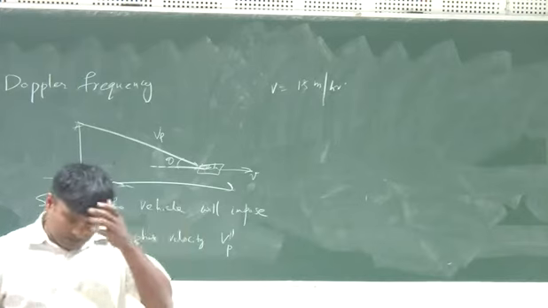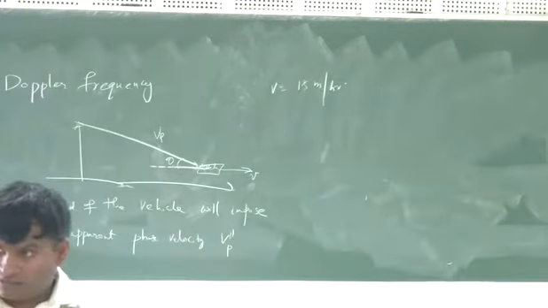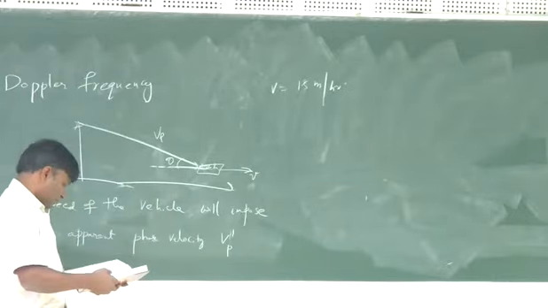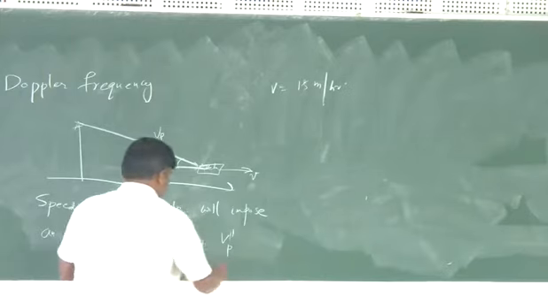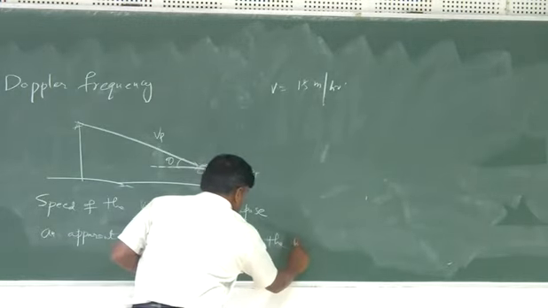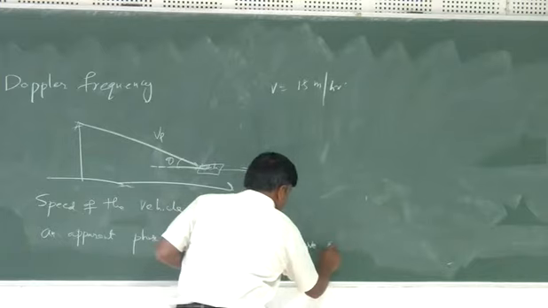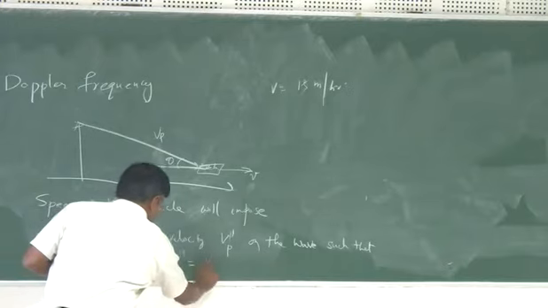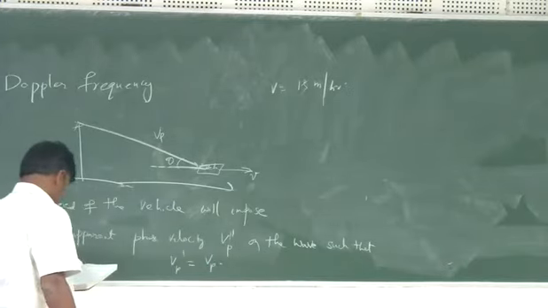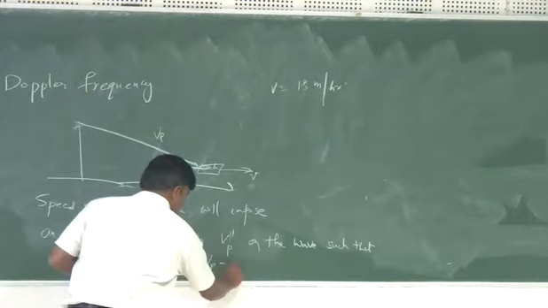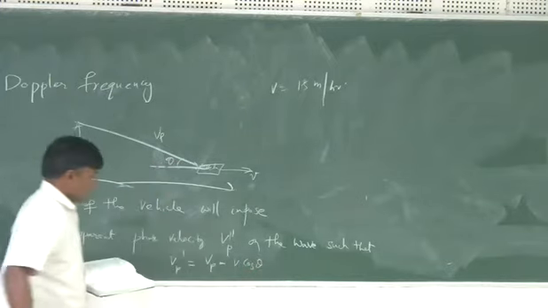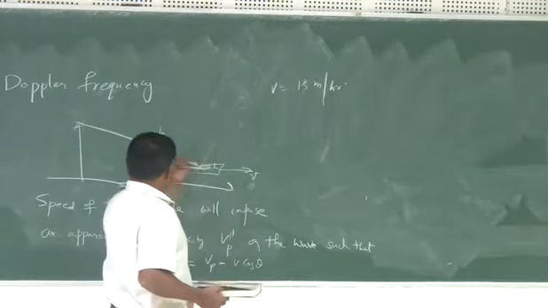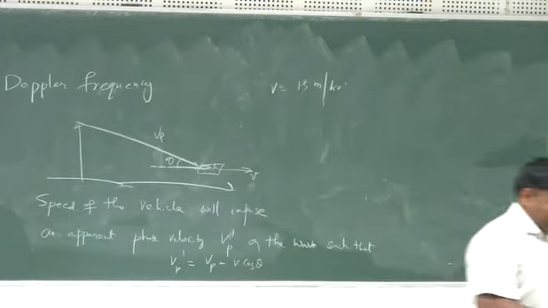Vp was the original phase velocity. Since you are moving at a speed V, Vp prime is such that Vp prime is equal to Vp minus V cos theta. You may ask why it is not plus V cos theta.